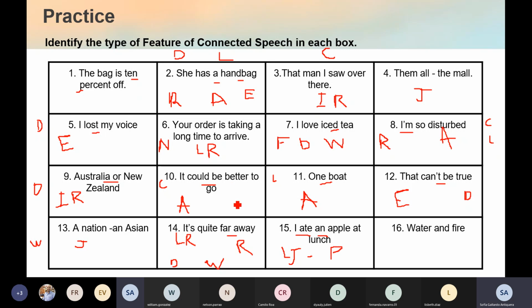But the main feature that I wanted you to identify was linking Y. So it was good. And the last one, the last linking one. R. Yes, it was a linking R. And where? Water on fire. Yes, so you are right. Linking R.